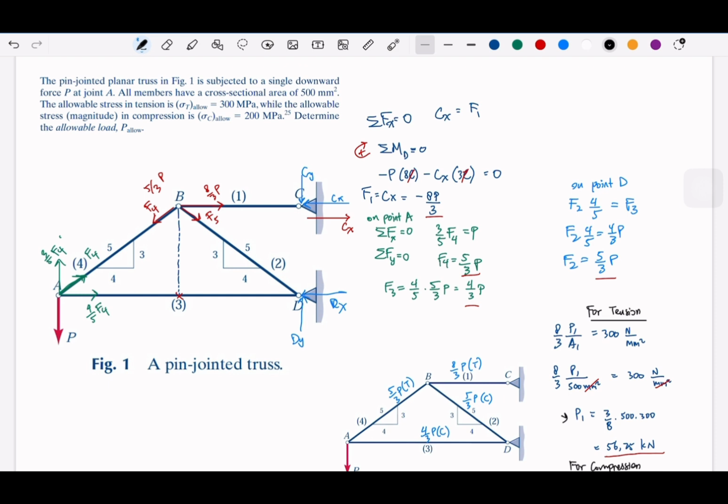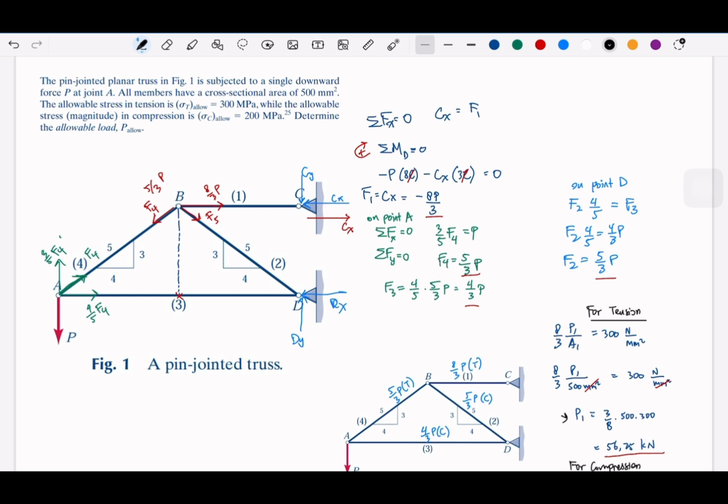Okay, I think we get all the components, and then the question is about all the tension and compression. What would be the best loads when we have some stresses?